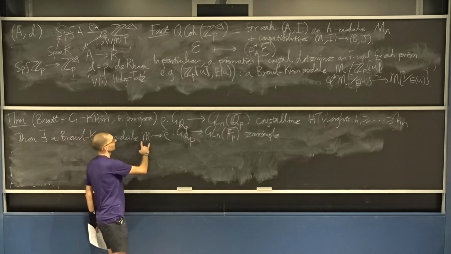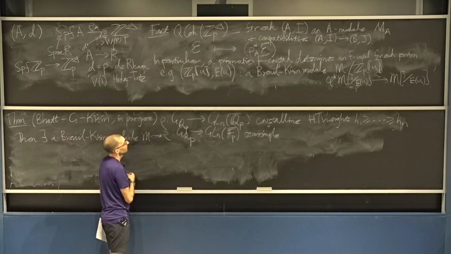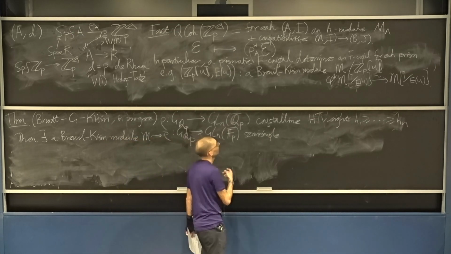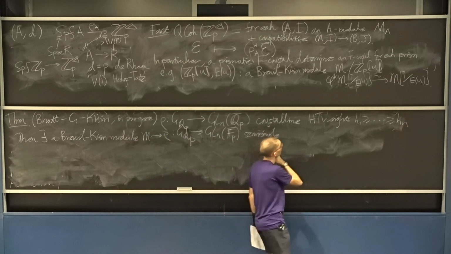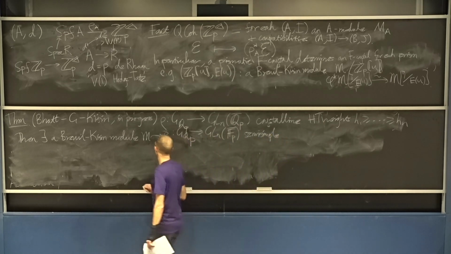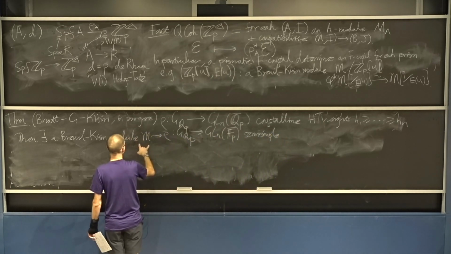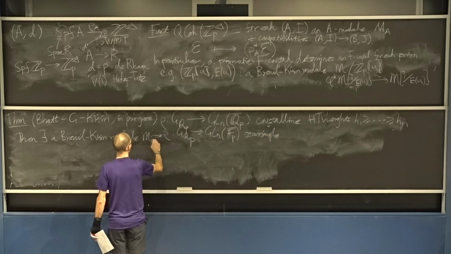this M, the data of this Breuil-Kisin module is just a free module, that's fine, and some kind of isomorphism after inverting E(u). Maybe I should put an F_p to say everything's in characteristic p here.